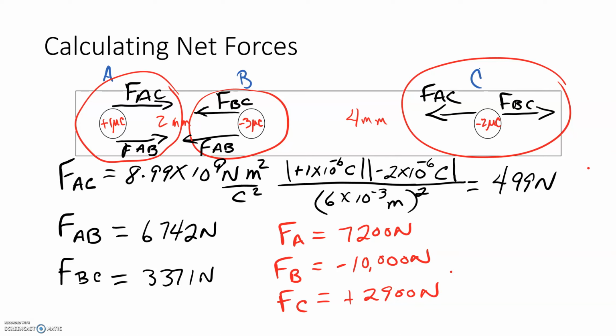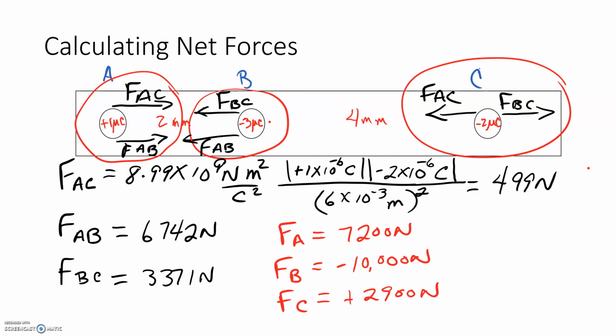Okay, so if we look at those, that gives us the whole picture of how these charges are being pushed and pulled. A has a net push to the right, B has a net push to the left, and C is also pushed away from the other two.